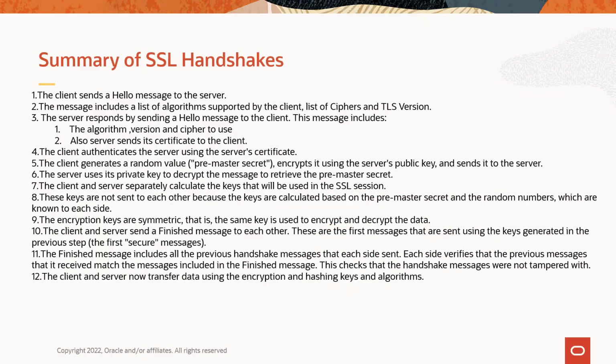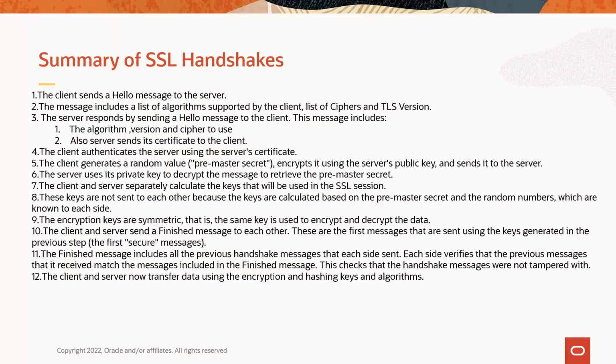The message includes a list of algorithms supported by the client, the list of ciphers, and the TLS version. So when I am getting connected to the destination with SSL as a protocol with the SSL certificate, the first packet of the handshake is the hello packet from the client end.